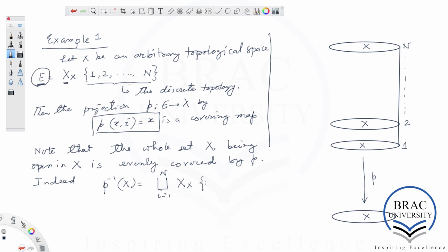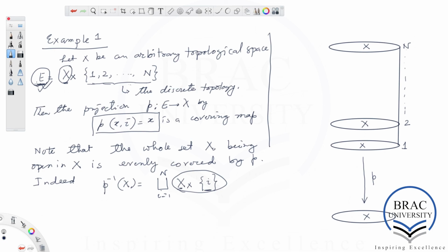Let's see. It's immediate using this definition, but how are these sets open here in this topological space? Because X is open in big X, and these singletons are open in the discrete topology. So the product of these two open sets is open in E in the product topology.